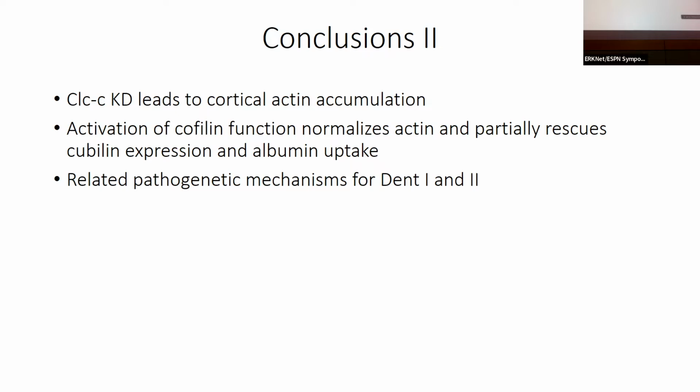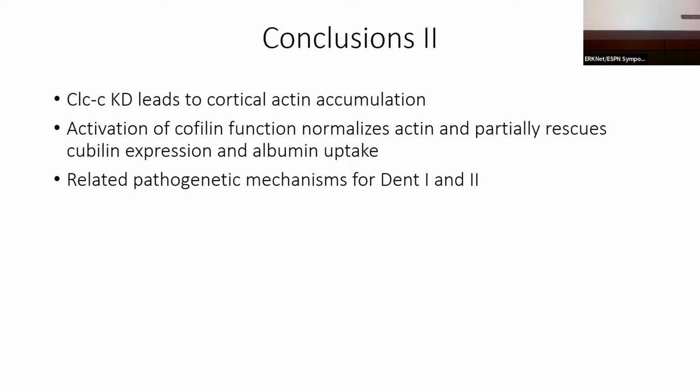And by activating cofilin function, the actin depolymerizing factor, this can normalize the actin at the cortex and partially rescue the cubulin expression and the albumin uptake. So this suggests that the mechanisms for Dent disease 1 and 2 are maybe after all related.